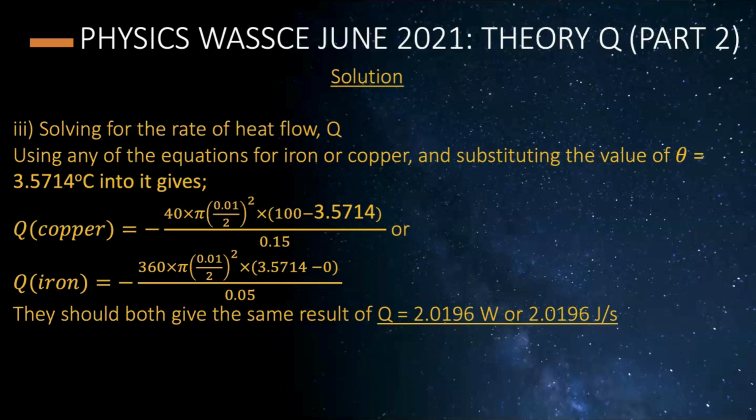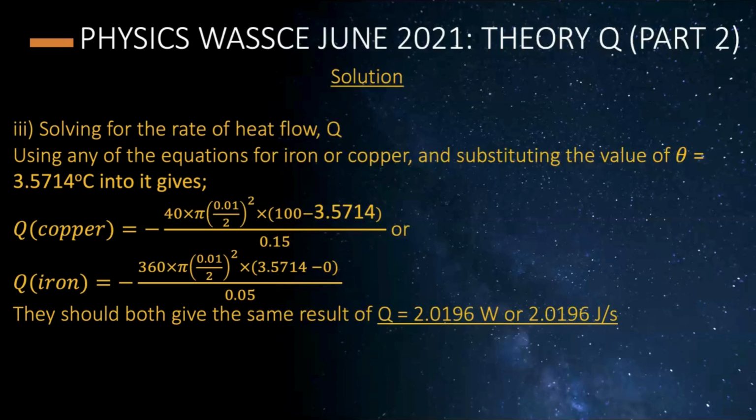Which means you can choose any of the equations for either copper or iron, and because they should give you the same result, when you use any of them, substitute the value of theta, and in any one you prefer to choose, solve it carefully. Then that should give you the same value of 2.0196 watts.